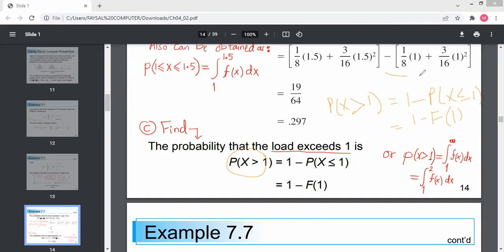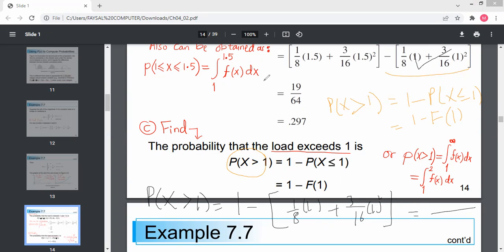So f of 1 will be 1 upon 8 times 1 plus 3 upon 16 times 1 square.